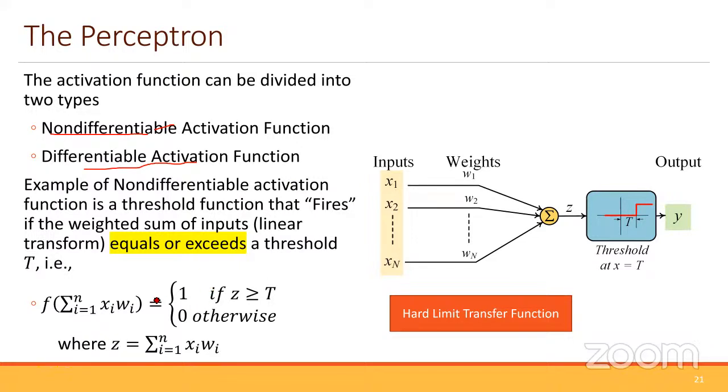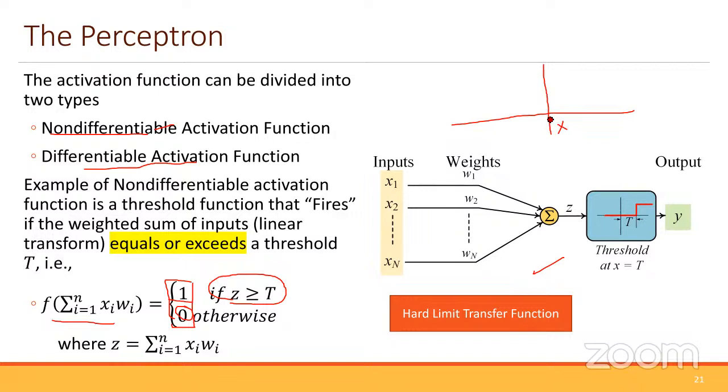It is a function where, based on a certain threshold or a certain criteria, it gives you 1 or 0. Anyone remember from this one here, 1 or 0, right or false? It's basically classification. As I said, it is a hard limit transfer function, a hard limit, which is basically the threshold at a certain value of x, for example.